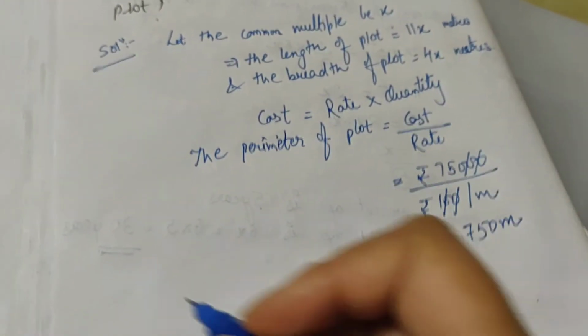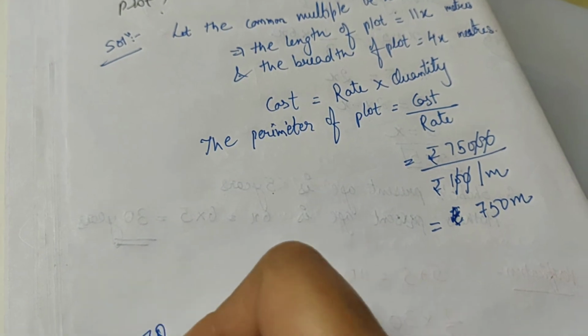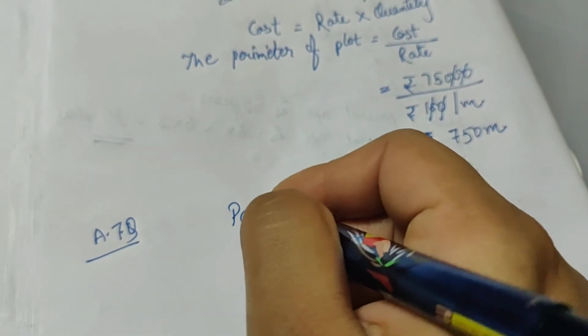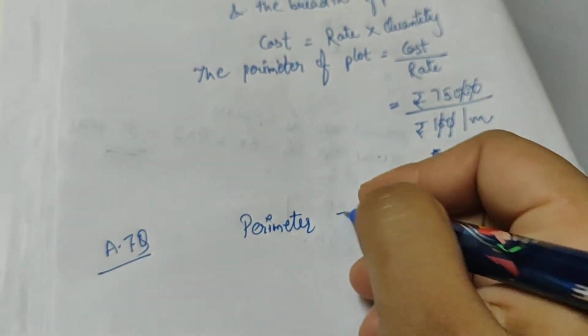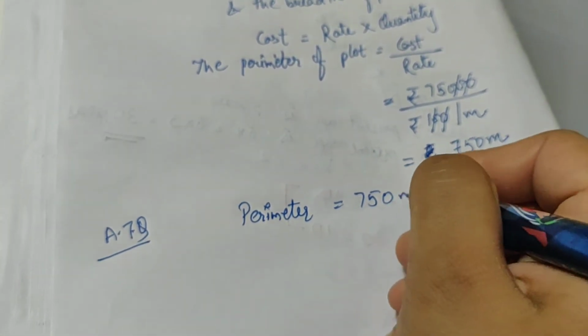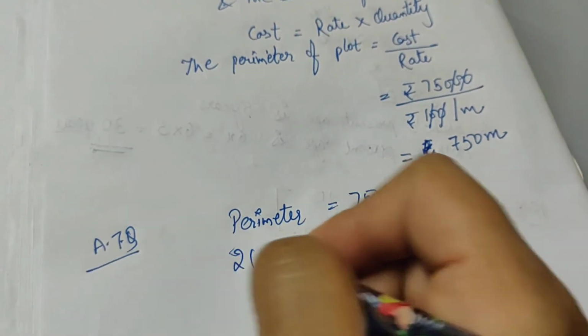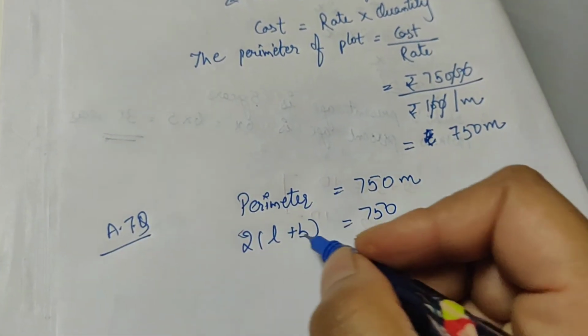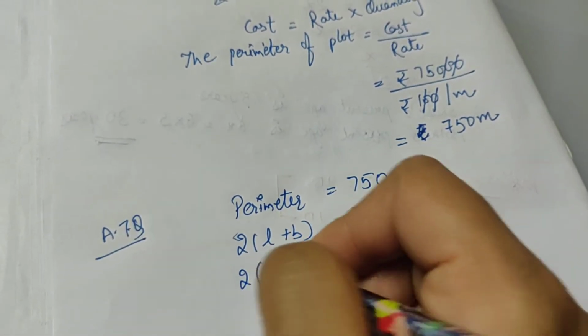Now, according to the question, this is the perimeter. And what is the formula for perimeter? The perimeter we have found out to be 750 meters. The formula for perimeter: 2 into L plus B is equal to 750. We know L, we know B. What is L? 11x.